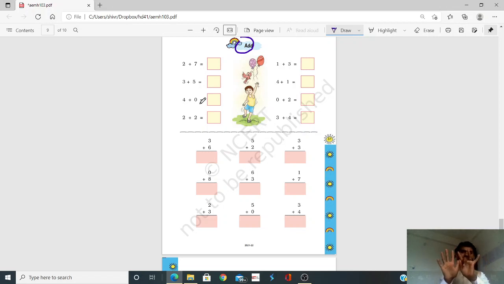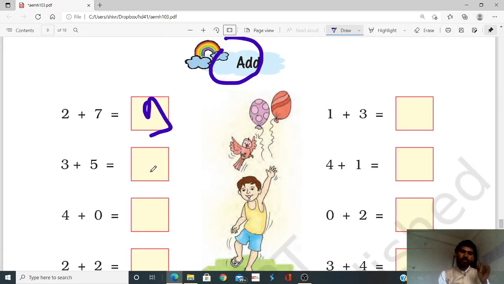Here are 7 and here are 2. Okay, I will count together. 1, 2, 3, 4, 5, 6, 7, 8, 9. Right? Therefore, 2 plus 7 is equal to 9.